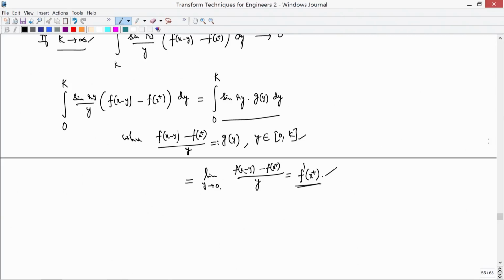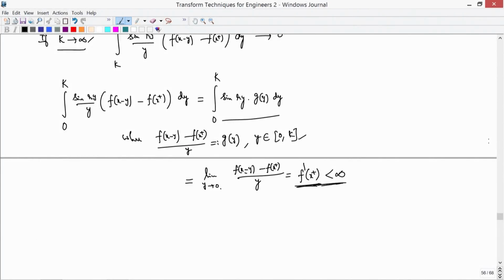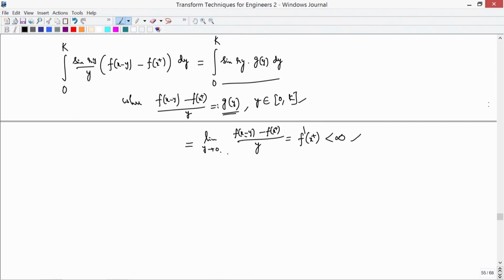We know that f dash is piecewise smooth, which means it has only jumps, even at 0. It cannot have an infinite jump, so this limit exists as a derivative. This is finite, which implies g of y is a piecewise smooth function.